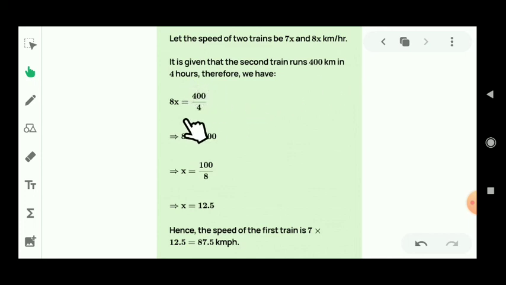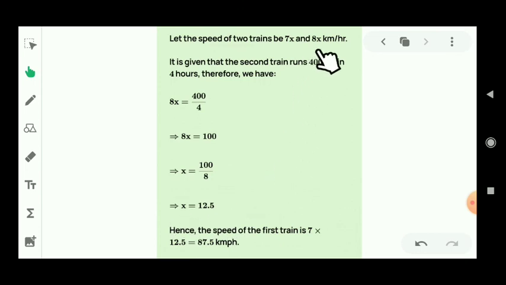So we use the formula: speed is equal to distance upon time. For the second train, the speed is 8x, distance is 400 kilometer and time is 4 hours. From here we calculate the value of x, that is 12.5. It is the value of x.